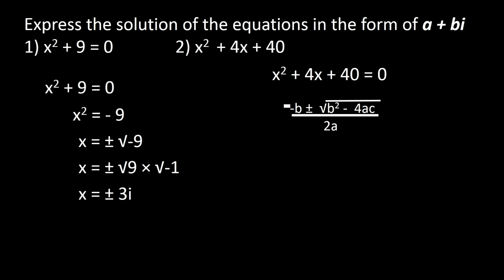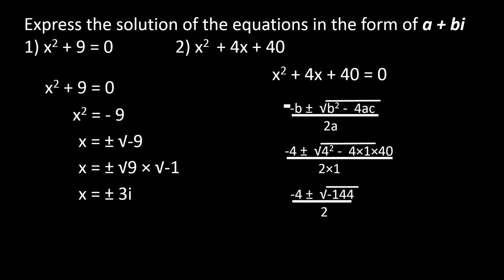And as we know, b is 4, a is 1 and c is 40. So let's include that. Minus 4 plus or minus square root of 4 squared minus 4 times 1 times 40 over 2 times 1.